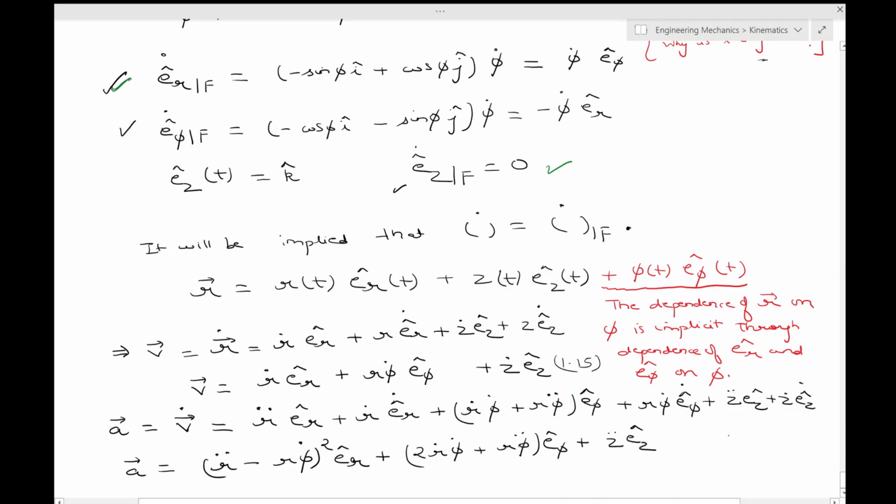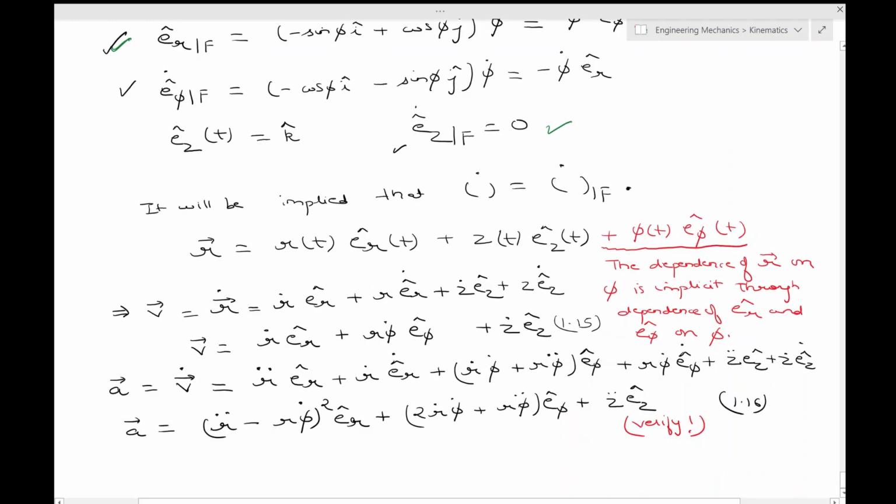So this is 1.16 and you should be able to verify this. Just like we have done the derivation for velocity, you should be able to do it for the acceleration in the cylindrical polar system.